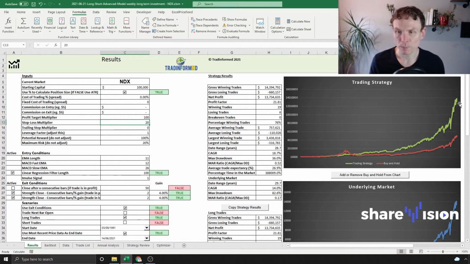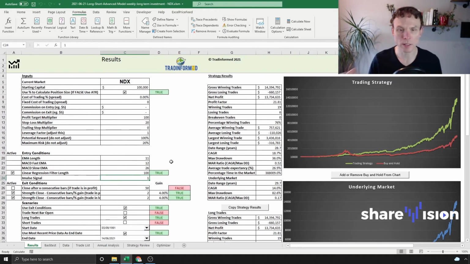I've got two lines here on my chart, one of which is buy and hold, you can see here in red, and the other of which in the green color is the strategy. So we don't have to have buy and hold on the chart. But there we go.